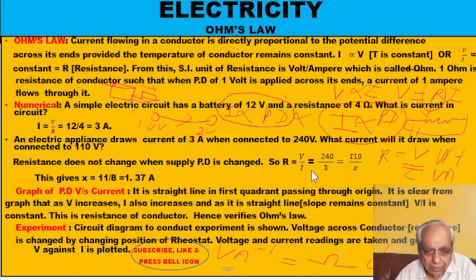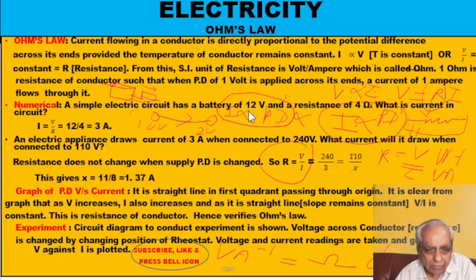So if I apply a potential difference of 1 volt and current flowing in that conductor is 1 ampere, then I say resistance is 1 ohm. Is it all right? So this is how Ohm's law defines the SI unit of resistance.